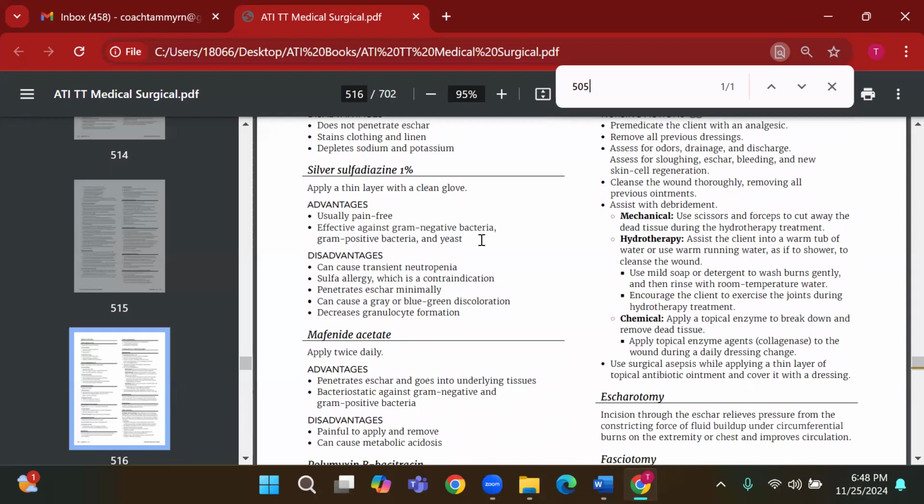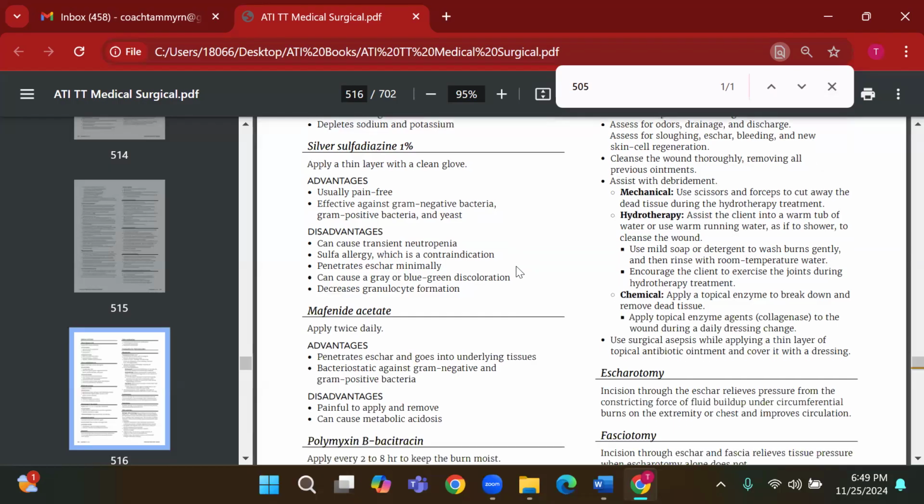So both of these are going to try to prevent bacteria and even yeast from forming in the wound. And it says can cause transient neutropenia, which lowers white blood cells, right? We also have to ask if they're going to get sulfasalazine, then if they're allergic to a sulfa drug, right? Okay. I just don't know how much of that they're going to ask on this.